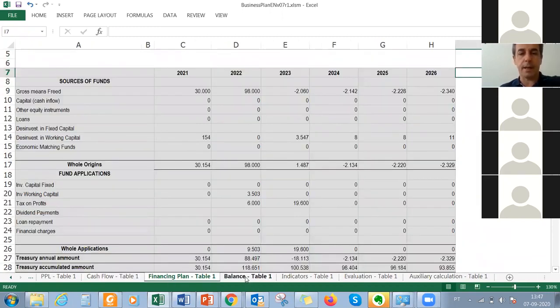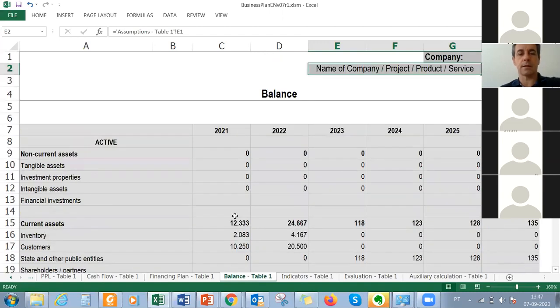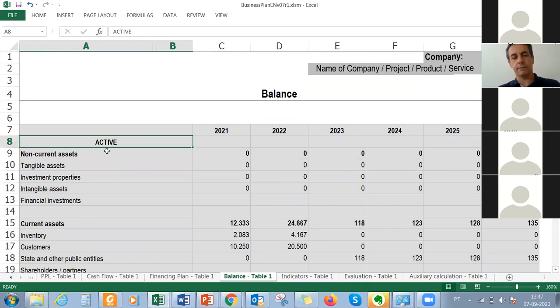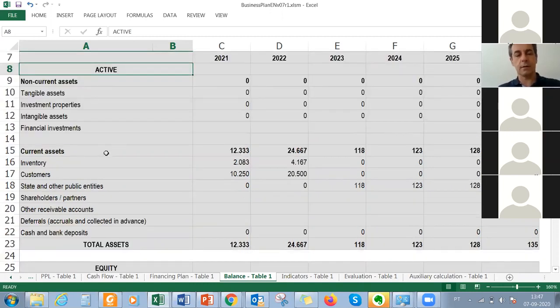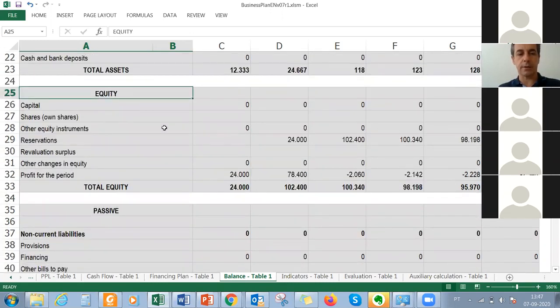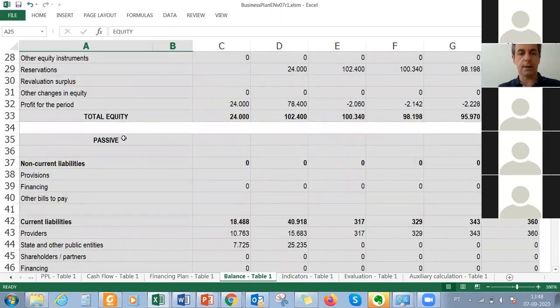Look, the balance sheet is also something we are used to seeing at the end of the year, published for any company. It shows the assets of the company, and what is equity in that year, and what is the liabilities.